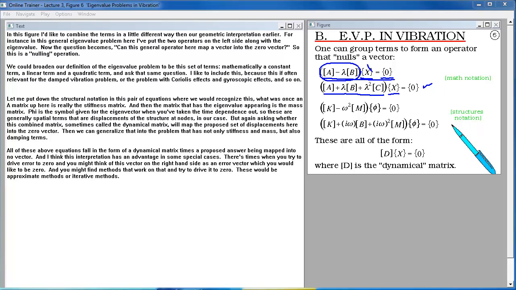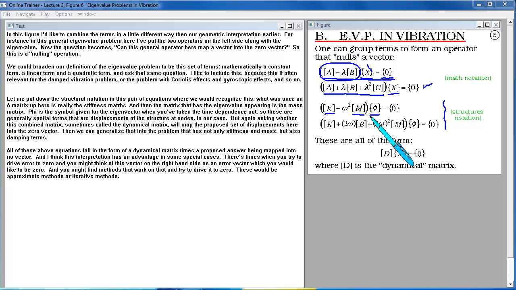Let me put down the structural notation in this pair of equations, where we would recognize that what was once an A matrix up here is really the stiffness matrix, and then the matrix that has the eigenvalue appearing is the mass matrix. Phi is the symbol given for the eigenvector when you've taken the time dependence out.